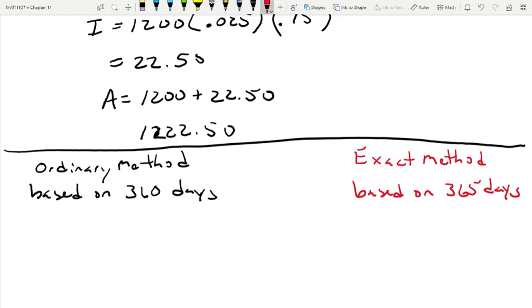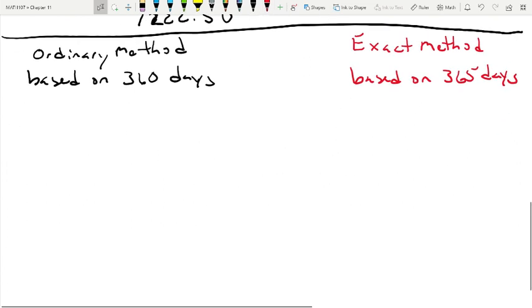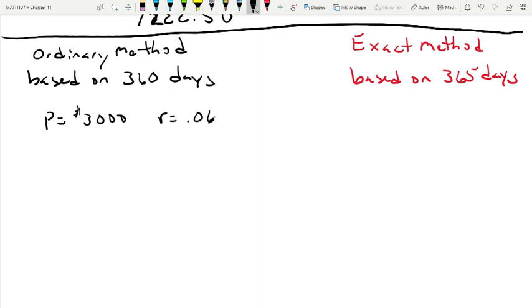So let's look at this question and do our calculation using both methods. Here I have that P is going to be 3,000, R is going to be 0.065, and T is 210 days. I'm going to figure out the interest using both methods. So first, the ordinary method.